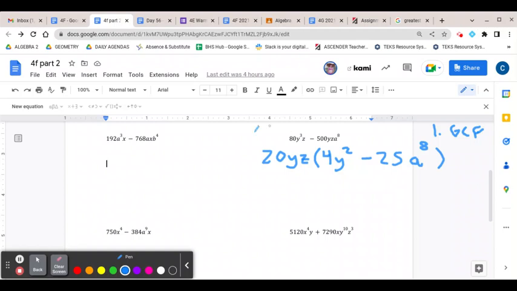This one, we should see that we have a difference of squares, kind of like our warm-up that we had on Thursday. So 4y squared is really 2 squared y squared. And then 25a to the 8th is really 5 squared a to the 8th, if we want to break it down like that.